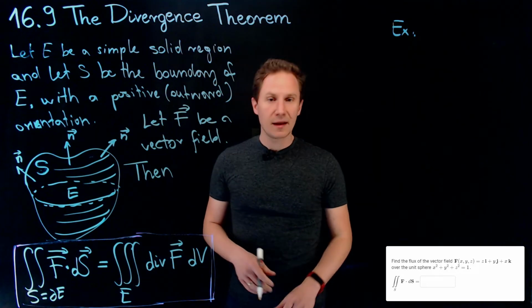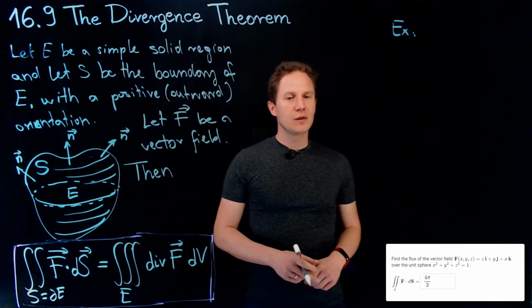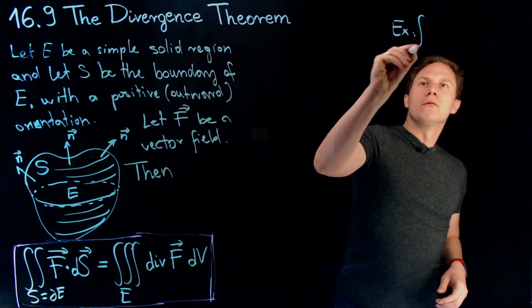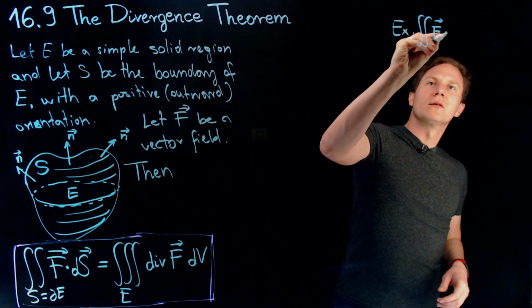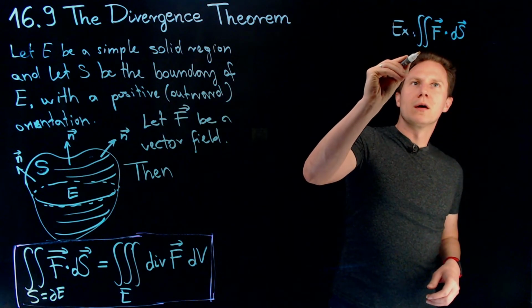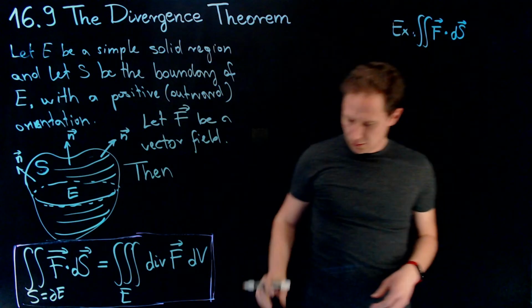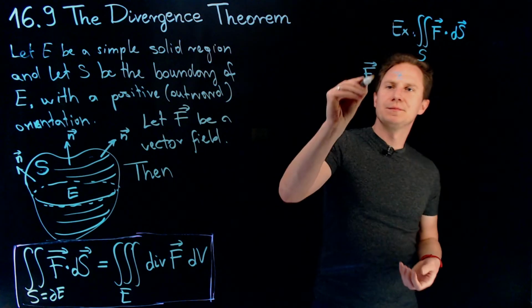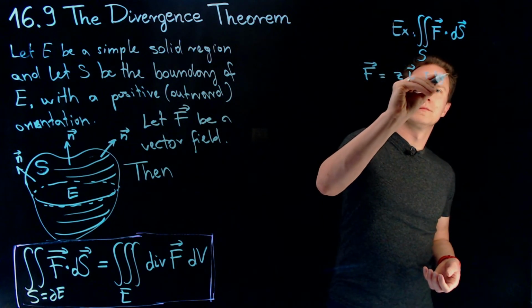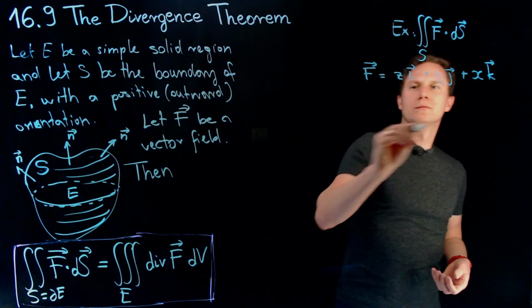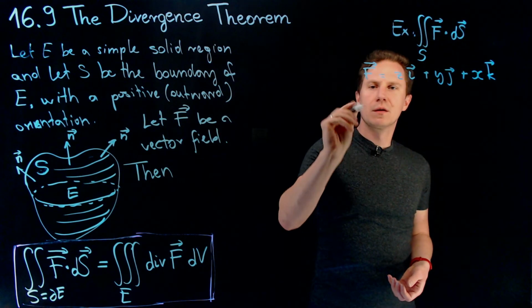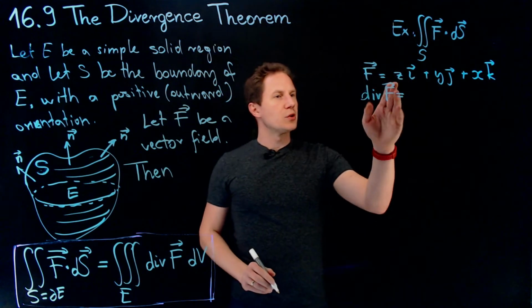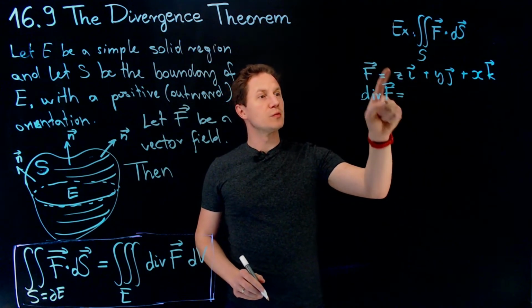Okay, I hope you paused it and have found that this surface integral, this flux, will be 4 pi over 3, and the reason is that when you take the surface integral of this vector field, which, remember, had components z, y, and x, and you want to compute the divergence of that vector field, well, you'll just have to take the partial derivatives of the components with respect to x, y, and z.